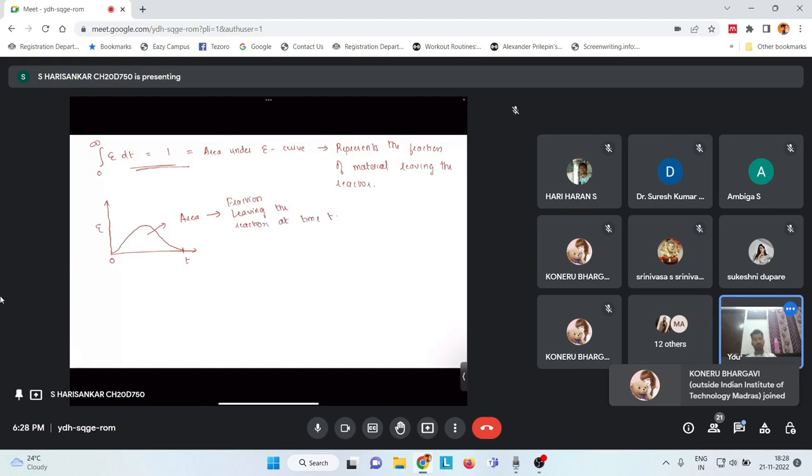So that is the significance of this area under the E curve. Again, area under the E curve represents the fraction of material that is leaving the reactor within a time t, right?